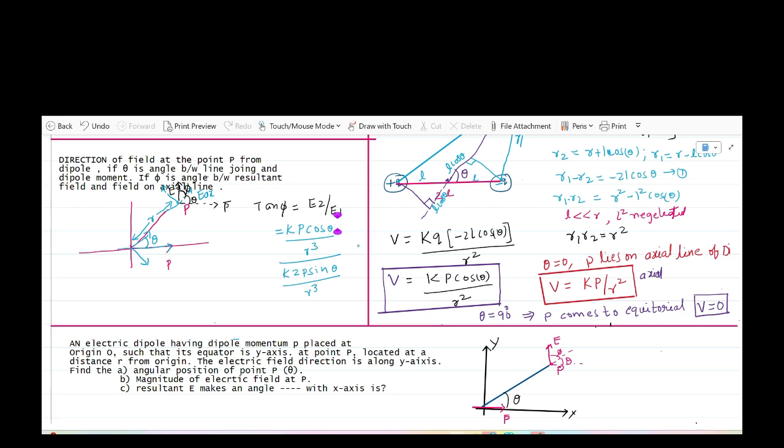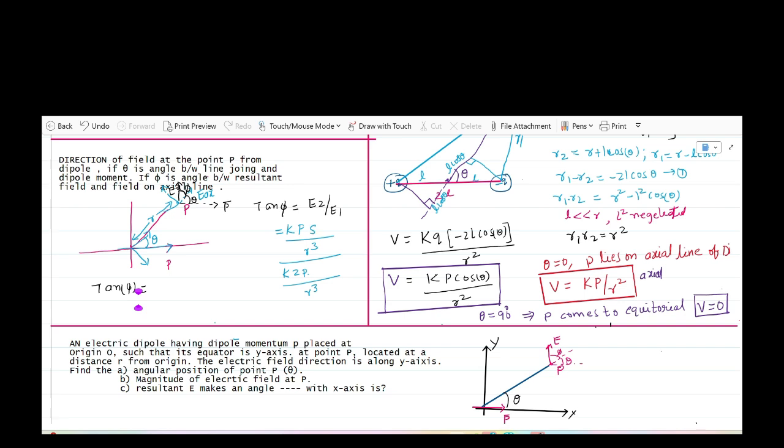Okay, the resultant field. So now tan phi is E equatorial line by E axial line. E axial means 2P cos theta here, sorry. Axial means 2P cos theta. Equatorial means KP sin theta.